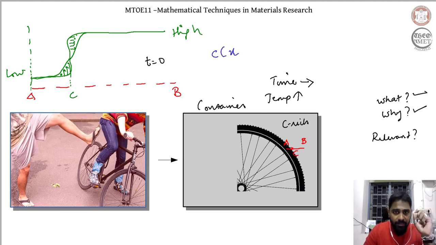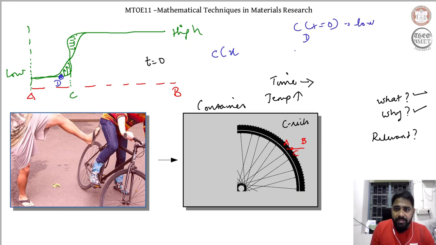And not only that, but when I consider different times for the same position, even in that case, my carbon concentration is varying. So let us consider this spot here, let's say a spot D. When my time t is 0, at spot D, my carbon concentration is low.